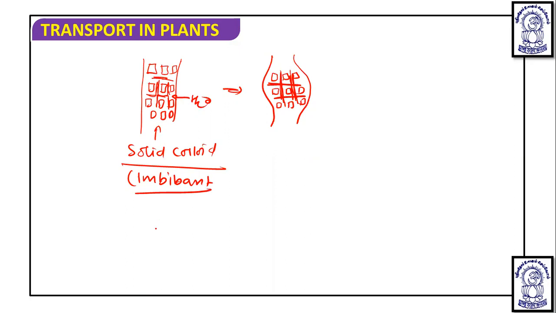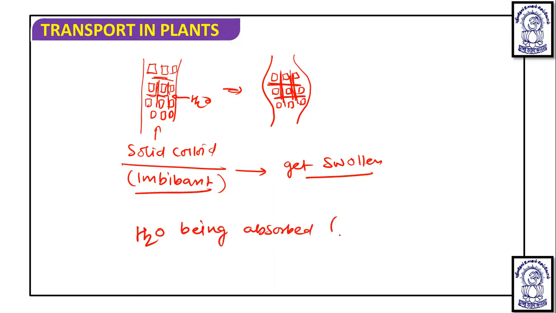This imbibant gets swollen due to entry of water. The water which is being absorbed is known as imbibate. So imbibate is the water, and imbibant is what gets swollen.